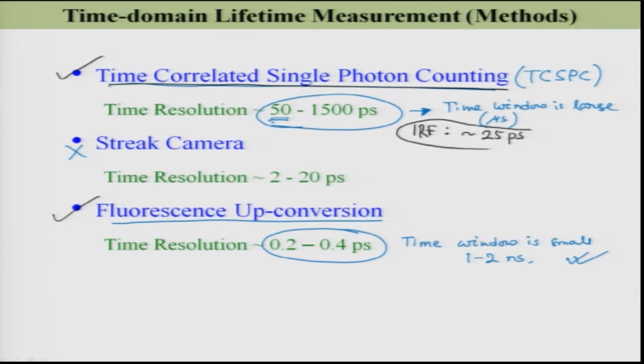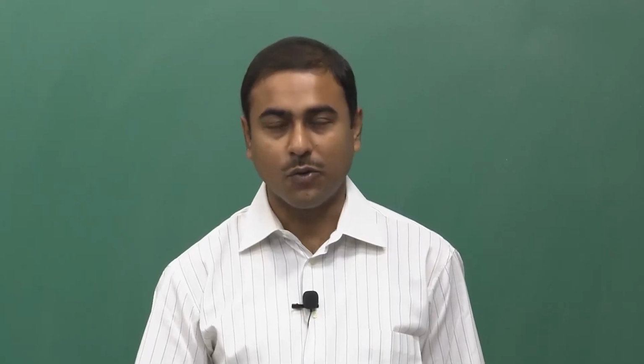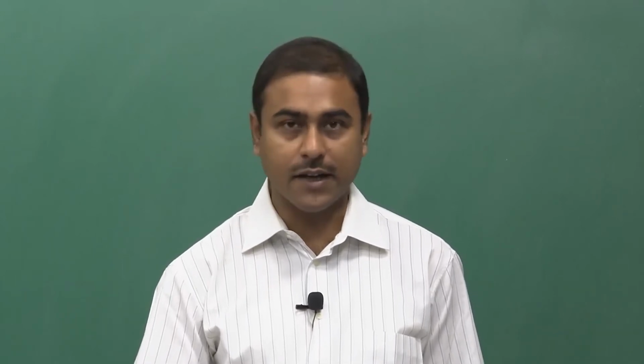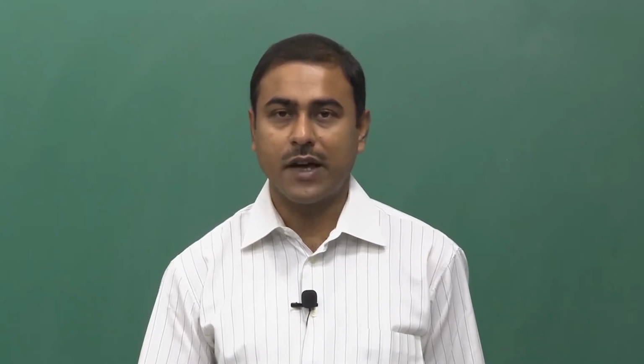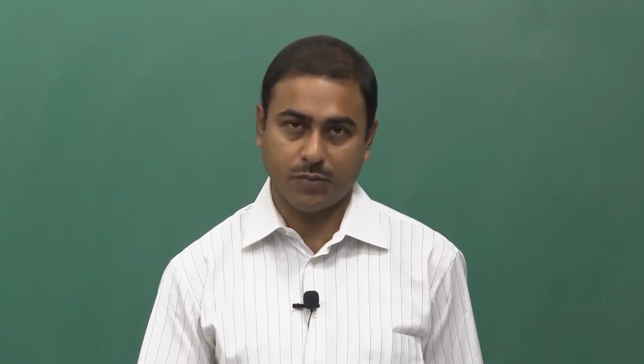It means that if you want to measure the dynamics of any process involving fluorescence, you cannot measure a dynamics which is less than 25 picosecond. But because of the iterative reconvolution technique, one can report a time constant of theoretically 1/10 of this IRF, so it could be only 2.5 picosecond or 3 picosecond. If something is happening faster than that time scale, you will not have any clue about the time scale of that process.